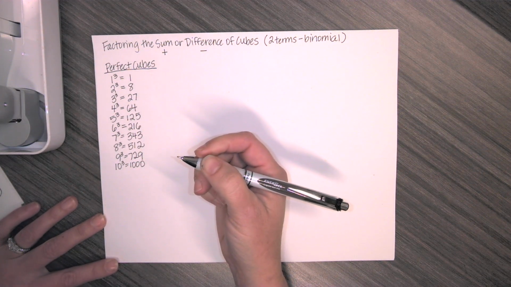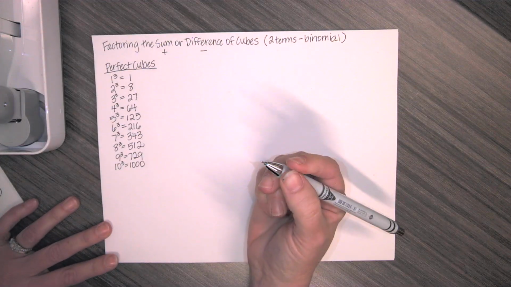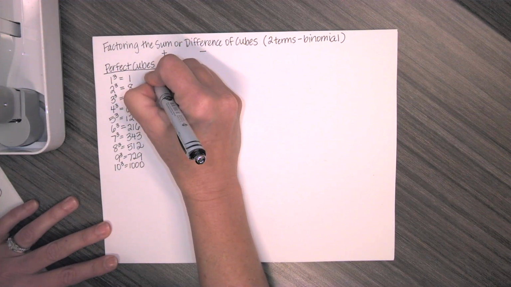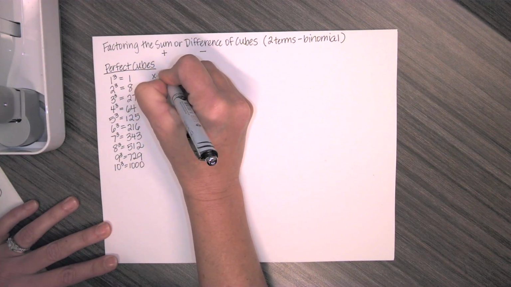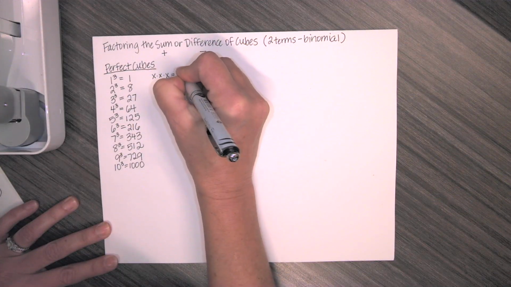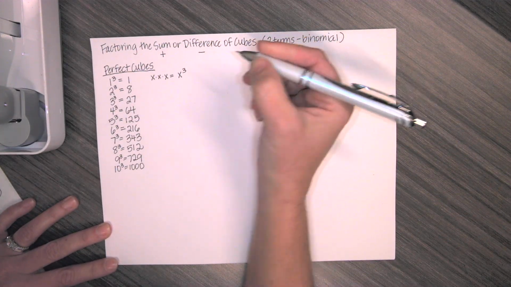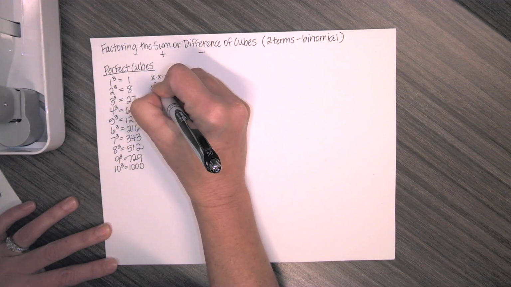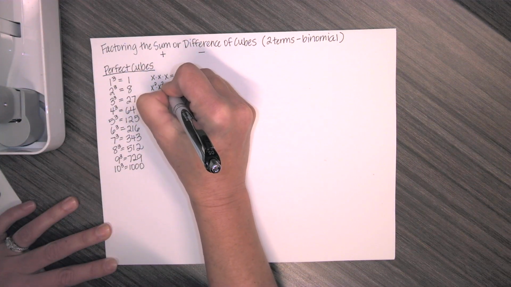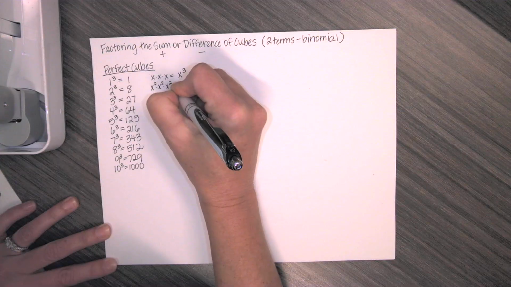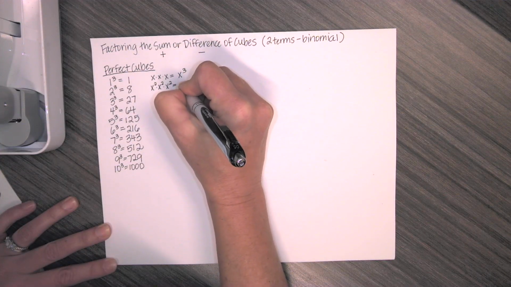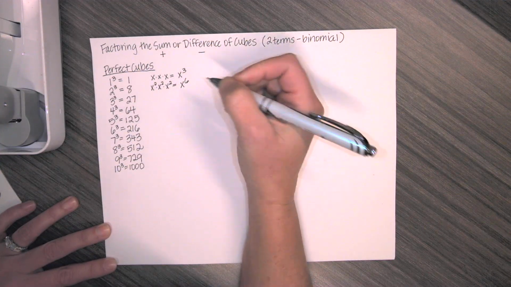Now we can also have some variable terms that are perfect cubes. If we multiply x times x times x, that gives us x cubed. So x cubed is a perfect cube. If we multiply x squared times x squared times x squared, remember when we multiply we add our exponents, so that would be x to the 6th.